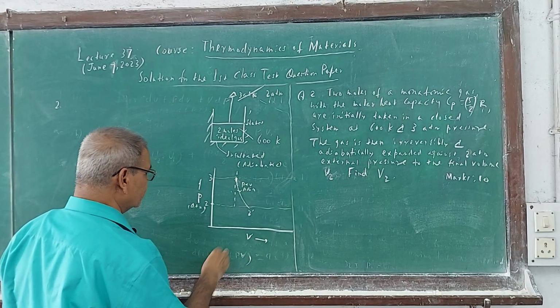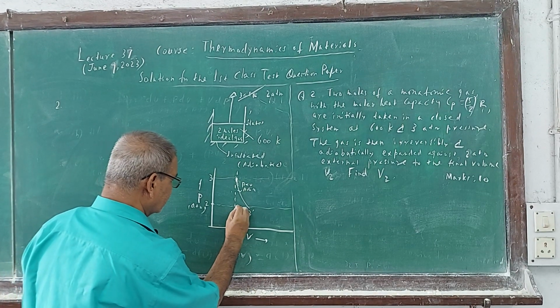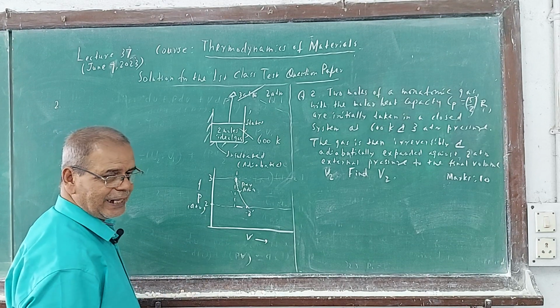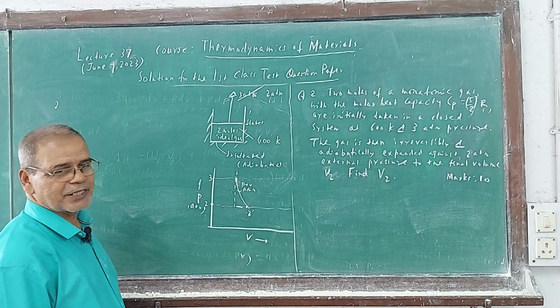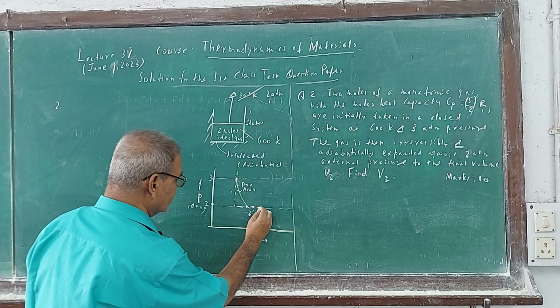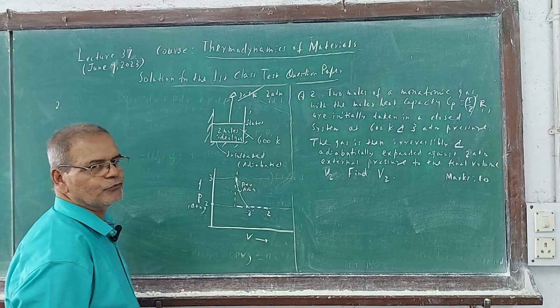It will not stop there, because in adiabatic, path affects the final state. So the final state will be different. This is your state 2.